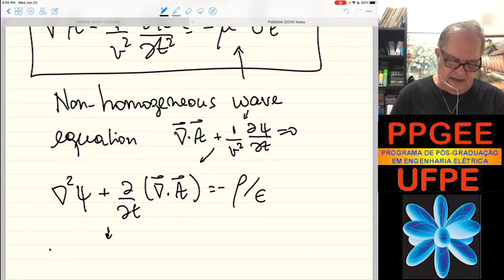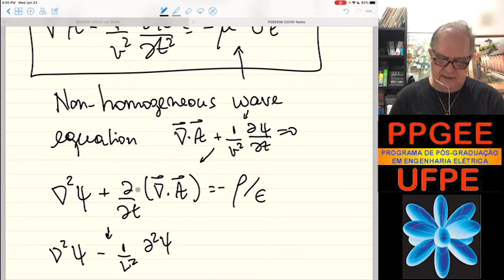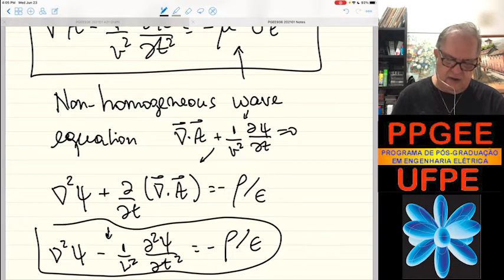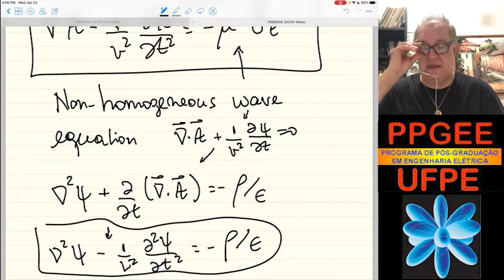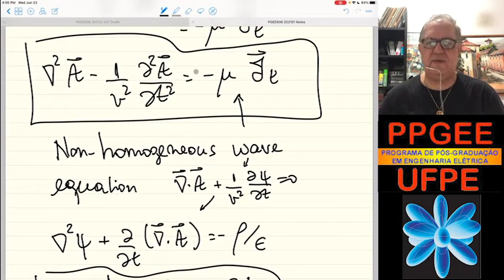then we are going to have also a non-homogeneous wave equation, with a second derivative in time of psi. So we have another scalar non-homogeneous wave equation for the scalar potential, and we have a non-homogeneous wave equation for the vector potential.